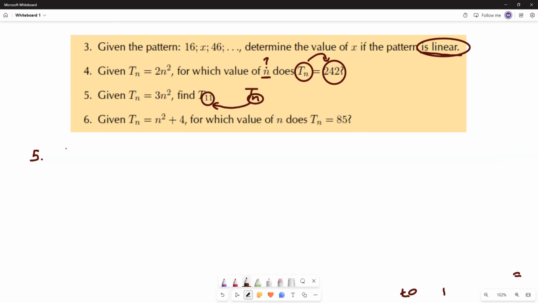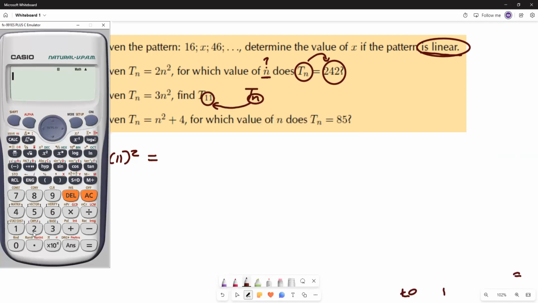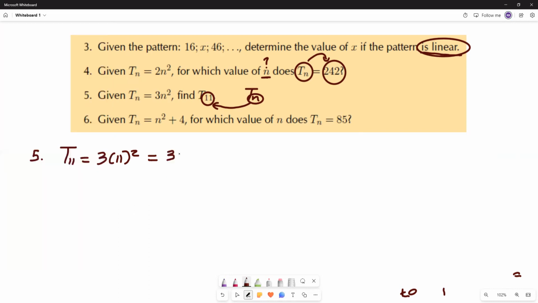So I'm going to have T11 equals 3 times 11 squared. Let's see what that gives us. So 3 in brackets 11 squared gives us 363. Then that is number 5 for you.